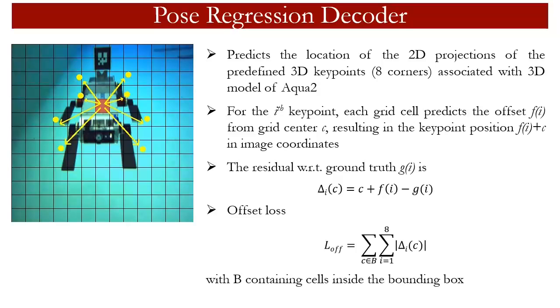Only using grid cells falling inside the object detection box for 2D keypoint predictions focuses on image regions that truly belong to the object. Thus, the total offset loss L is the sum of the L1 norm of all keypoint offsets from selected grids.